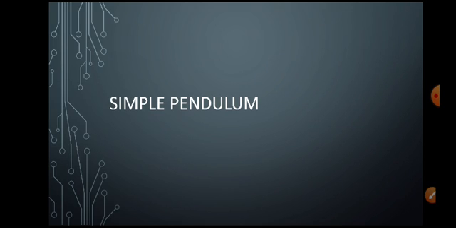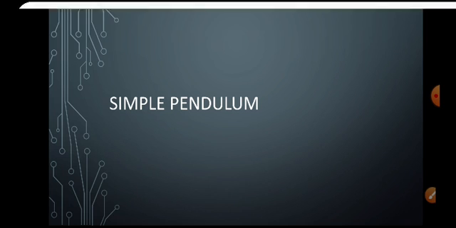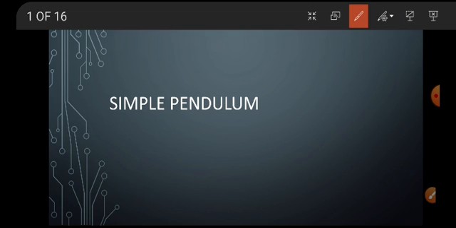So a simple pendulum is a metal sphere that is suspended. This is the center of the bob, this is the radius of the bob, right? So origin O, this is a center.